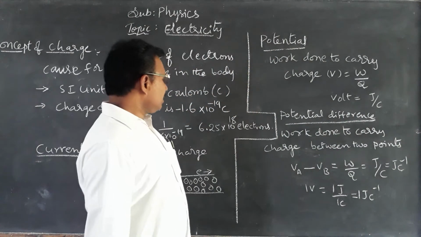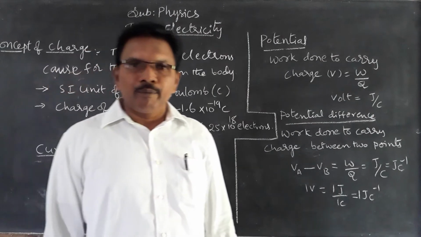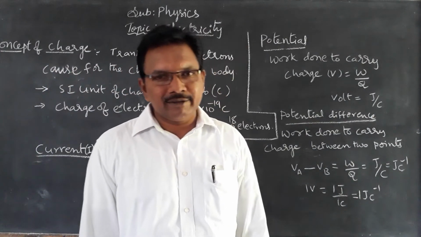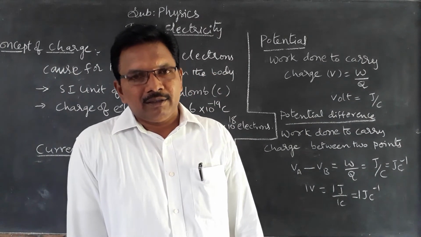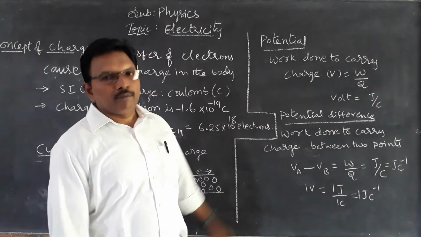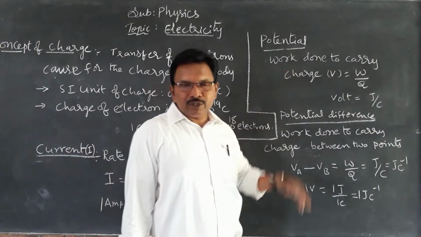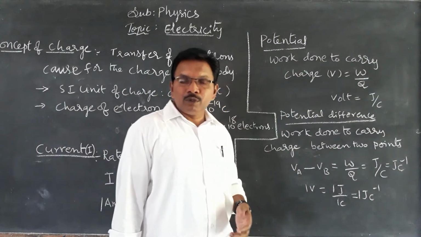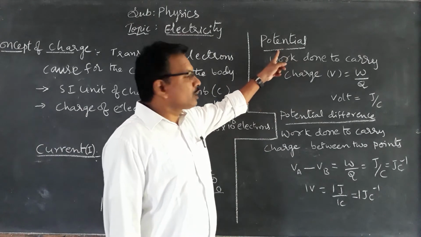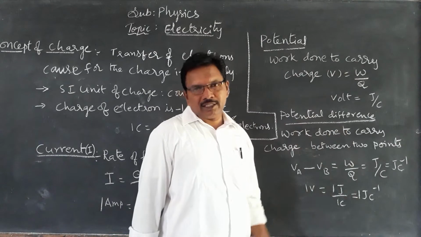Now, what is potential? Just now I mentioned the battery: potential is created by the battery. Generally we say we have potential to do some work. That is potential. Work is done to carry charge.